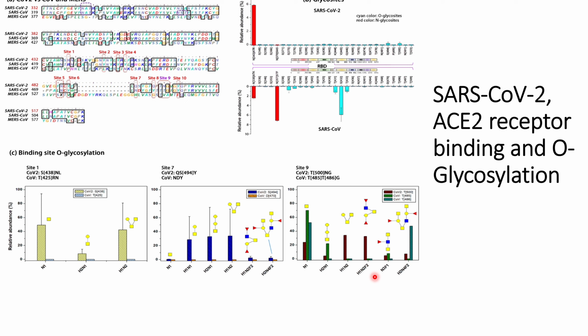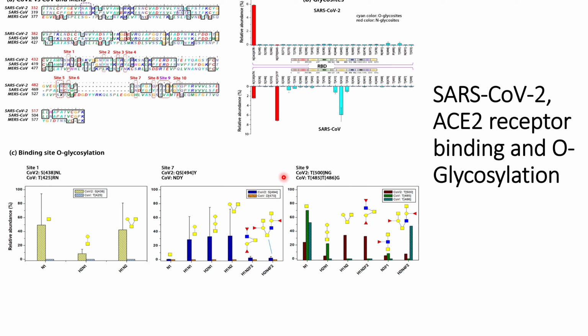And at site 9, they can see O-glycans both for SARS-CoV-2 and also for SARS-CoV. For SARS-CoV, they can see the O-glycans at two similar positions, that is 485 and 486, and for SARS-CoV-2 they can see the O-glycans at the 500 position. Different kinds of O-glycans are present at this position, similar to site 7 and site 1.